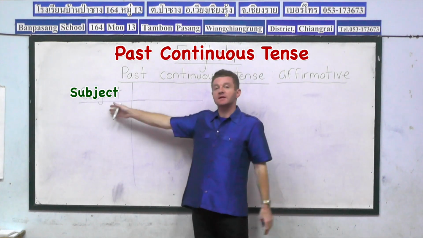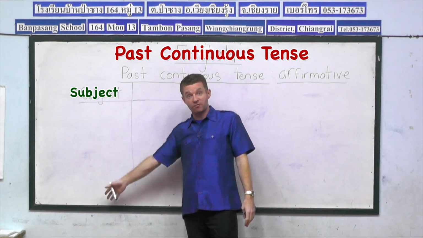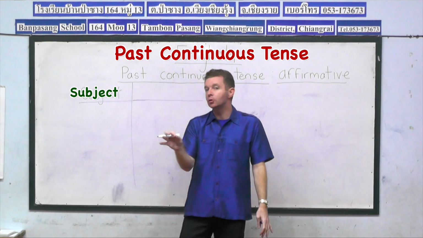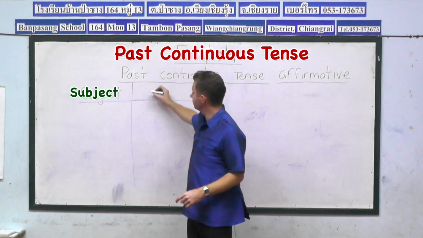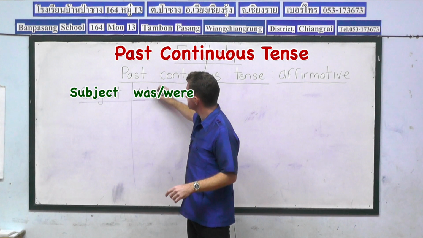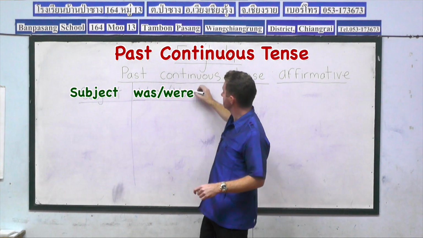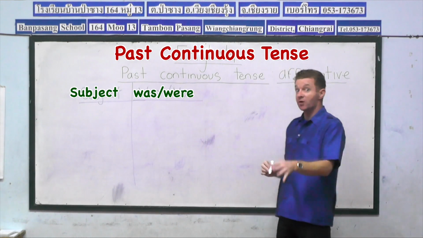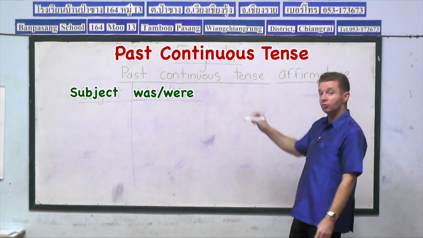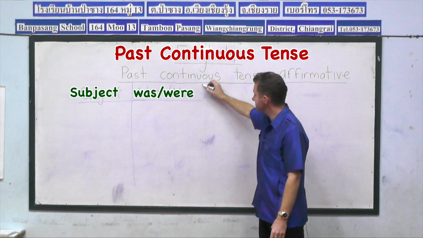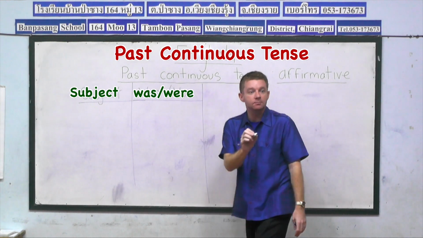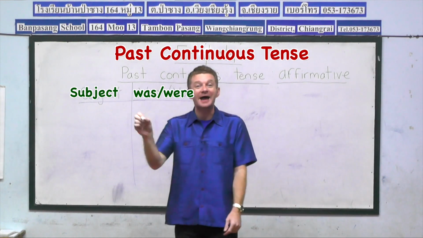And then, depending on who the subject is, there are two words, was or were. The subject is the person in the sentence we are referring to. And depending on who the subject is, we either use was or were. Okay, so they're the first two words, always the same structure for affirmative sentences. And then comes verb plus ing.